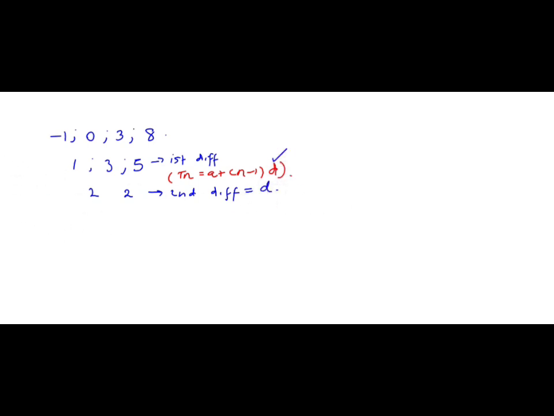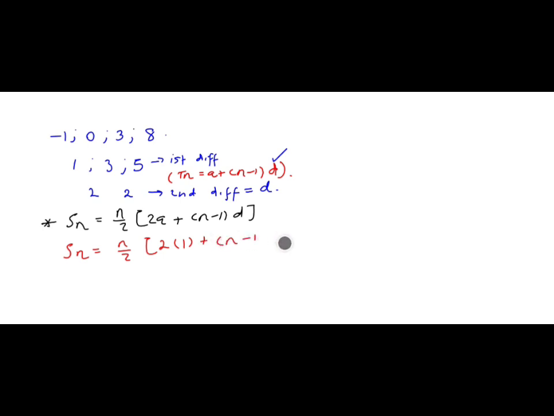So using the sum knowledge, the sum of the first n arithmetic terms will be n over 2 into 2 times the first term plus n minus 1 into the common difference. So I'm going to go ahead and substitute all these into this formula. Of course, the first term of my first difference is 1.